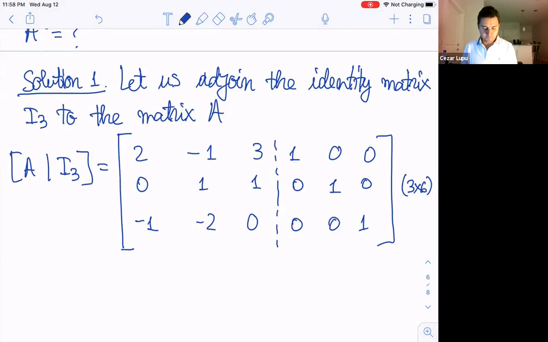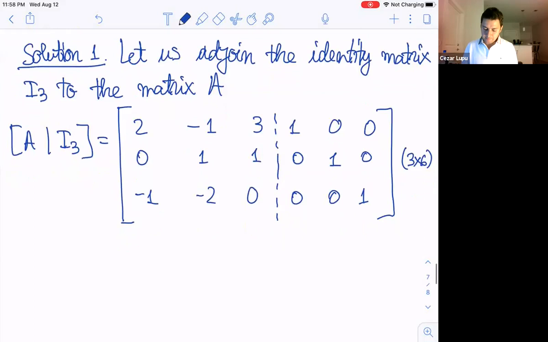Let's do it. Let's see, what can we do? Keep in mind, I want to transform all this from A into as many zeros as possible. And I look at row 1 and row 2, I see a -1 and a 1.